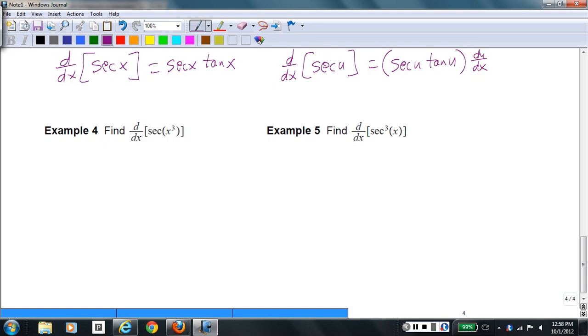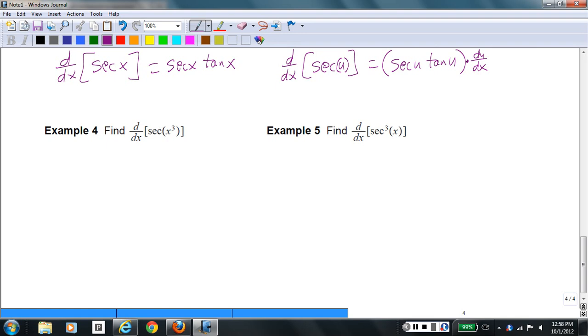Put a dot there. I don't know if with or without the dot is the indication of multiplication. Chain rule says multiply by the derivative of what's inside the parentheses, and although the parentheses aren't all that prominent, there are implied parentheses around the u there. So we have to multiply by the derivative of u. So the derivative of the secant of something is secant of that something times tangent of that something times the derivative of that something.